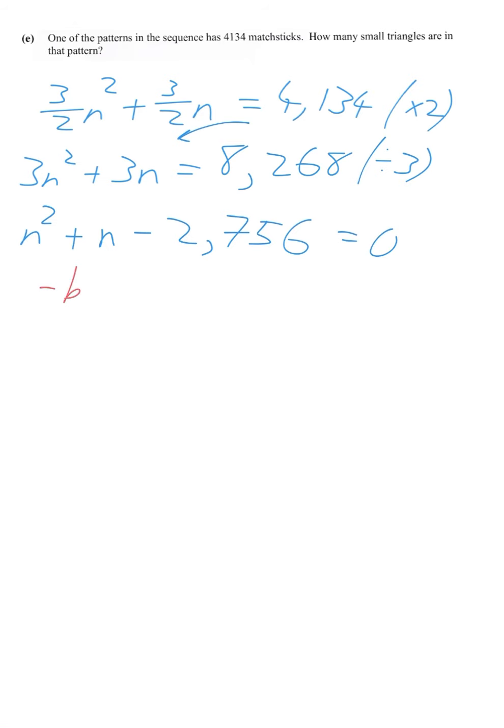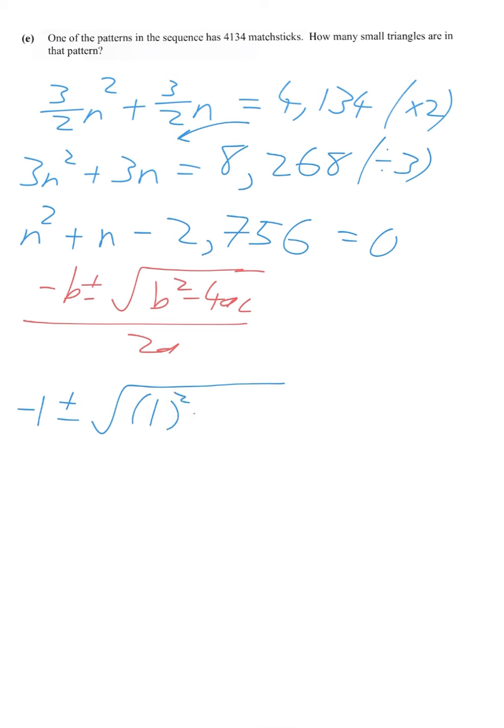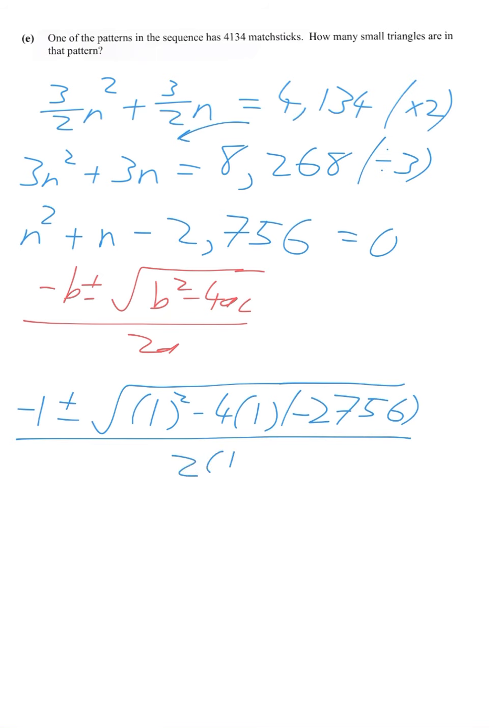Now for this, I'm not going to try and factorize because that number's way too big. So let's use the quadratic formula: minus 1 plus or minus the square root of 1 squared minus 4 times 1 times minus 2,756, all over 2 times 1. Putting this into the calculator, I'll have minus 1 plus or minus 105 over 2.